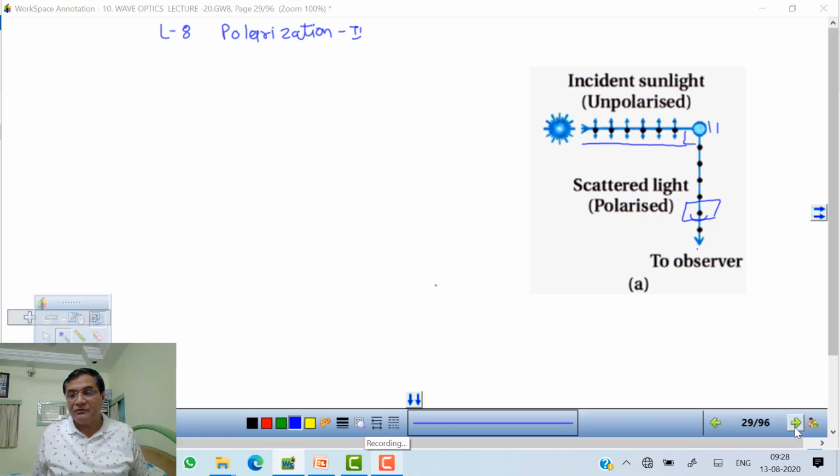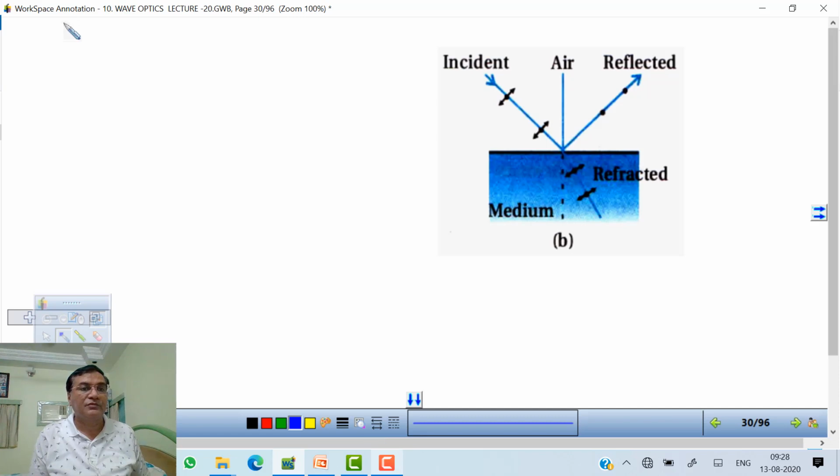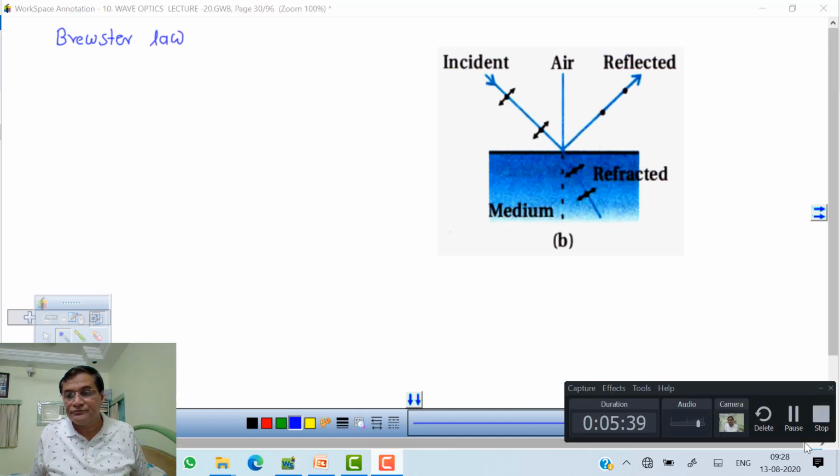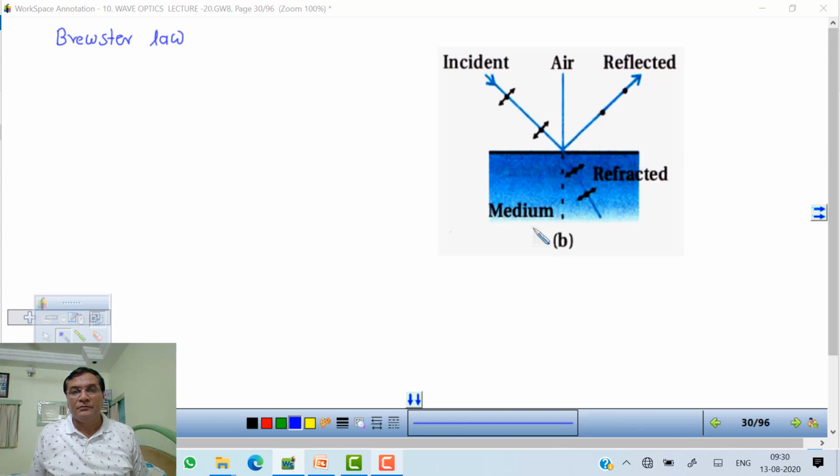Next, we are going to discuss Brewster's law. It is very important. Brewster's law is one more method to get polarized light.